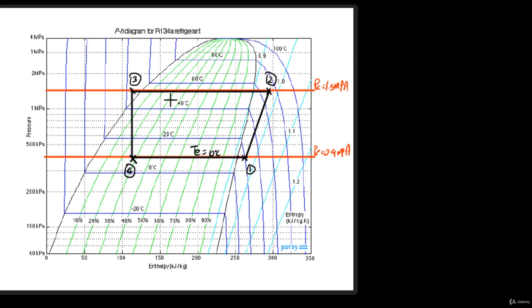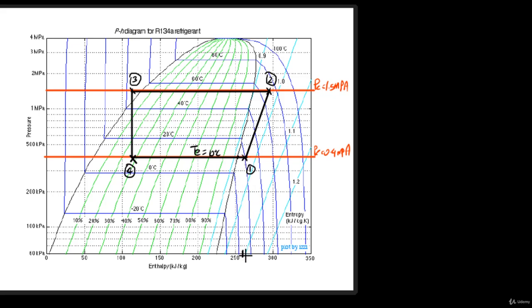And what is the effect of that? Which point actually is being affected? If you notice, the only enthalpy value that's affected is only H1. You will notice that H2, H3, H4, there's no difference with the change in evaporating pressure.